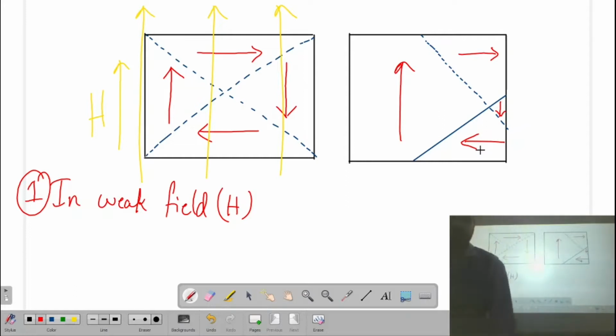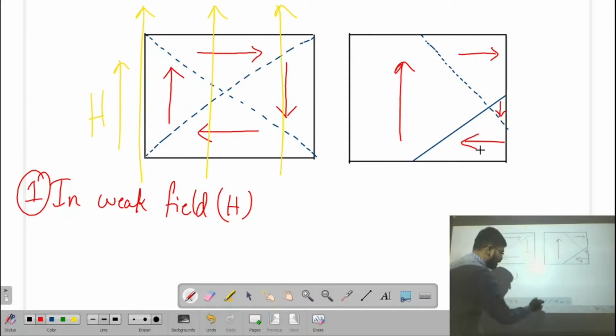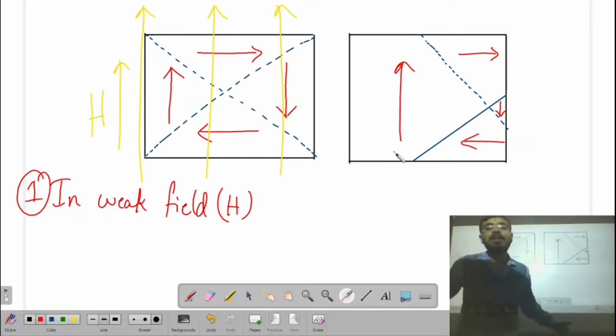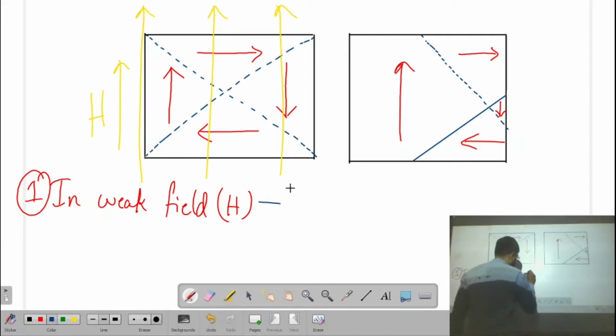Now in the presence of a weak field, this kind of scenario will happen where one of the domains will try to increase its area, and the resultant magnetic dipole moment of the material will have a spontaneous magnetization.